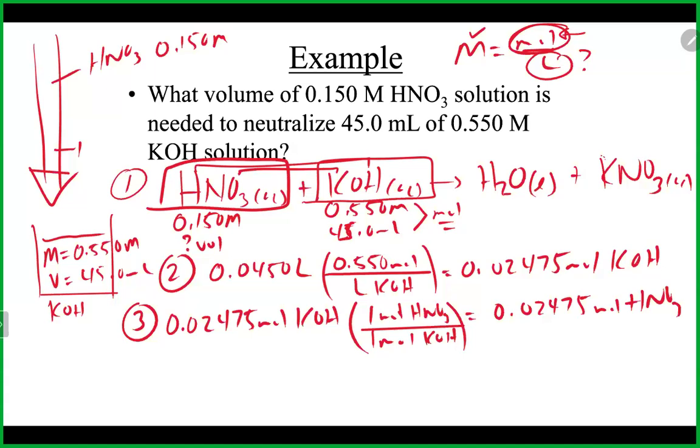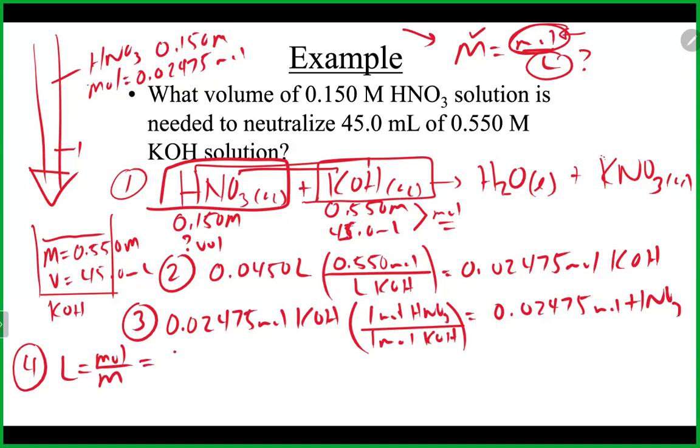At this point, we don't want moles, but we do want volume. So now that we have the moles needed, which is our 0.02475, we can now use our molarity formula here at the end for the last step to figure out the volume. So using our molarity formula and solving for volume, liters equals moles divided by molarity, we can use our information here.